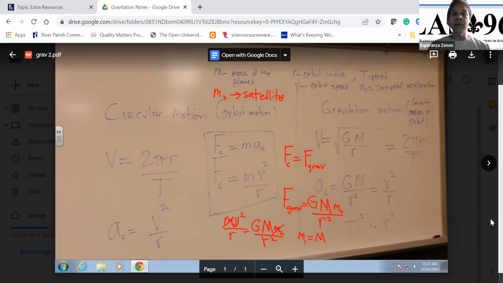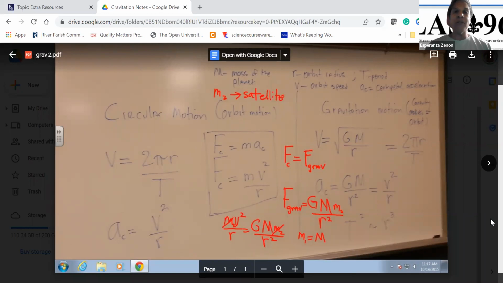The big M represents the mass of a planet, any planet. The little m, or M2, represents the mass of our satellite. R is the orbit radius, so the distance between the center of the planet and the center of the satellite.